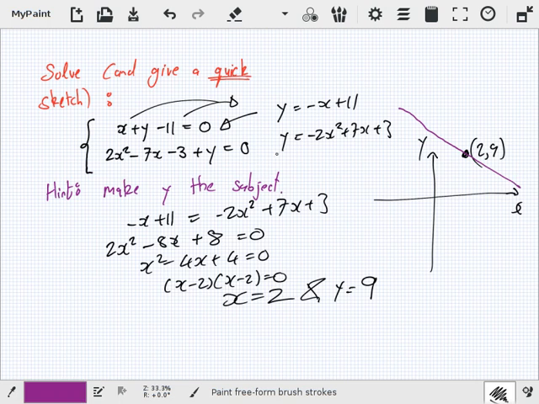And my quadratic is upside down. So like this. Whereas this point here is 3, and this point here is 11. Yes, 11. Okay, now that's a pretty good sketch. So it meets only once here.